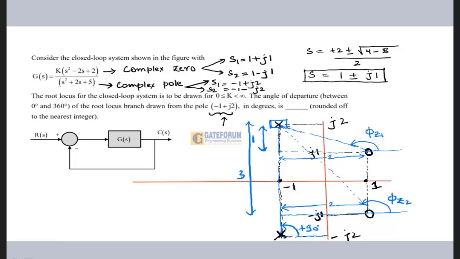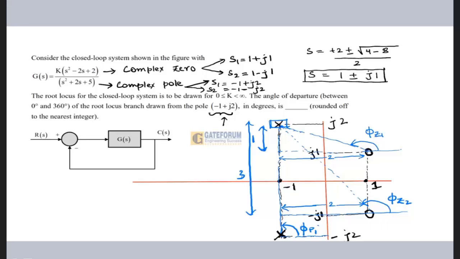Now I can calculate all the angles. This particular part is phi p1, because there is only one other pole existing. So if I have to calculate the angle of departure for this pole, these will be your angles corresponding to the zeros, phi z1 and phi z2, and the angle subtended by the other pole would be phi p1, right?